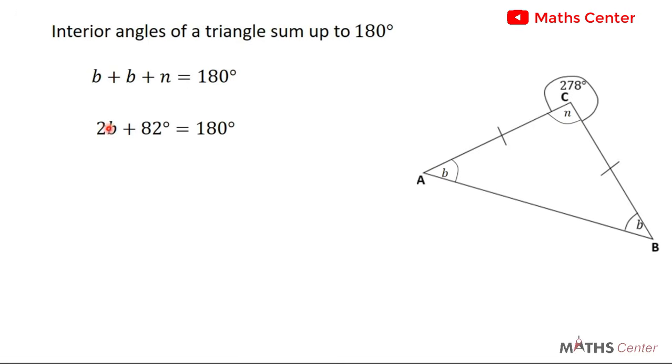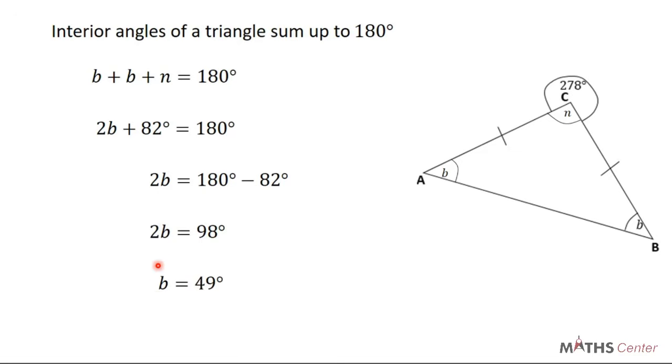B plus B will give us 2B, plus 82 degrees, is equal to 180 degrees. 2B will be equal to 180 degrees minus 82 degrees. So 2B will give us 98 degrees. We divide both sides by 2, and B will give us 49 degrees.